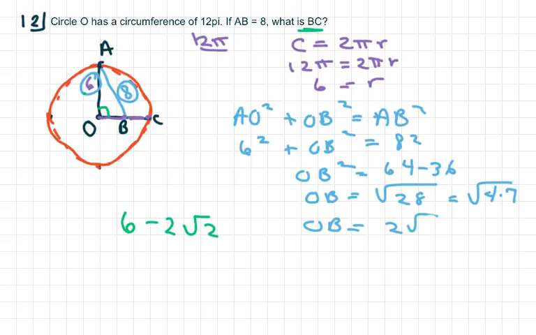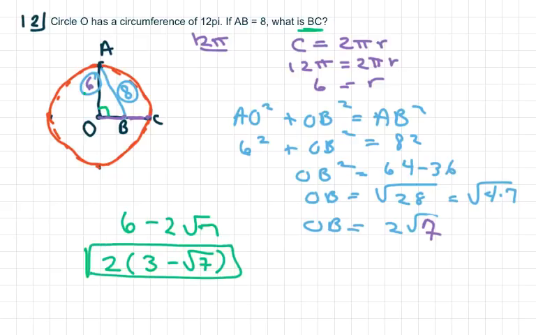See, I would have messed up there. If you want to factor out a 2, you could. This was a multiple choice, and I forgot to put it down, but it was 3 minus square root of 7. Sorry, but that was the multiple choice, and that was the answer.